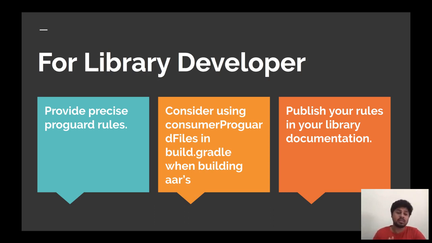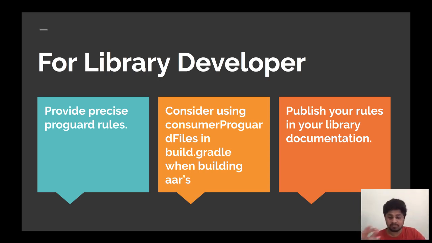So try using consumer ProGuard files in your build.gradle while shipping your AAR library. What consumer ProGuard files do is, whenever a client application uses your library or AAR file and tries to build, it takes those keep rules that are mentioned in your consumer ProGuard files and merges them into the main project keep rules.